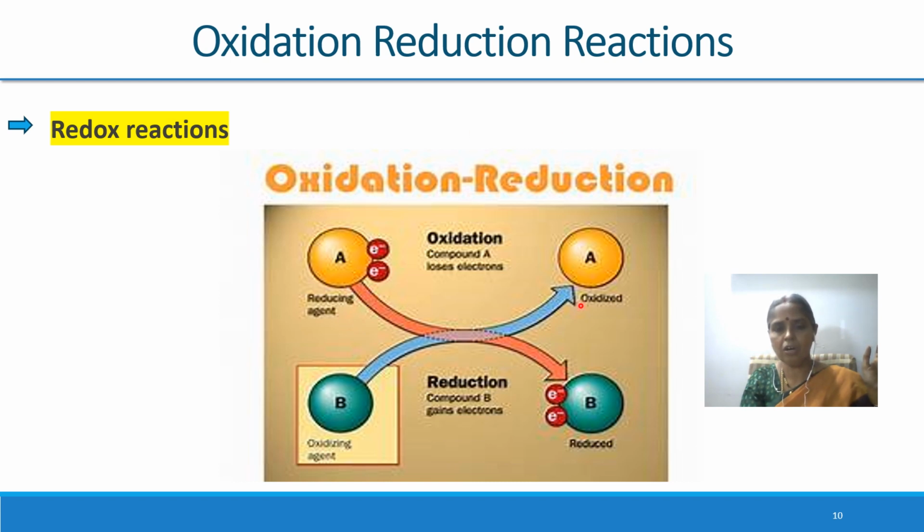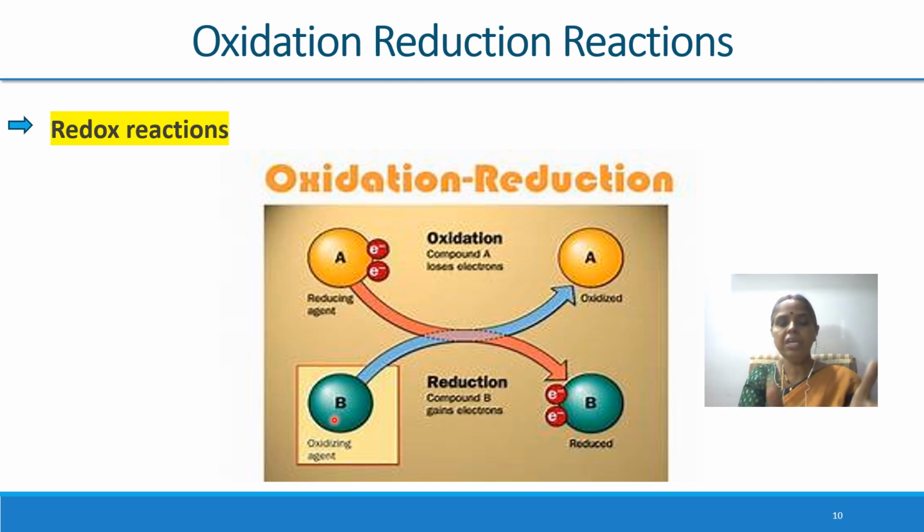Remember, the oxidizing agent gets reduced and the reducing agent gets oxidized. Because A is reducing B, A is called the reducing agent. And B is oxidizing A, because B is taking A's electrons, causing oxidation of A.